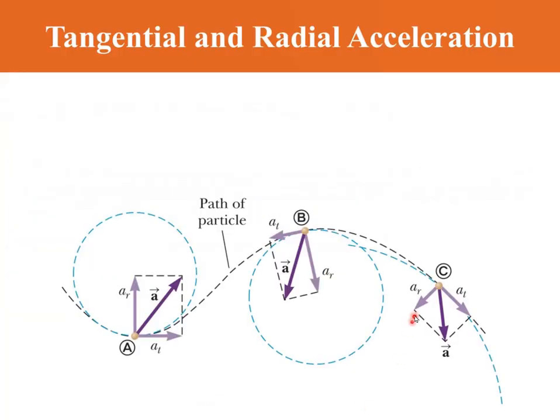Next we proceed to tangential and radial acceleration. Basically in a circular motion, as we have discussed just now, we will have a centripetal acceleration, which is directed toward the center, and in this case is denoted as radial acceleration.